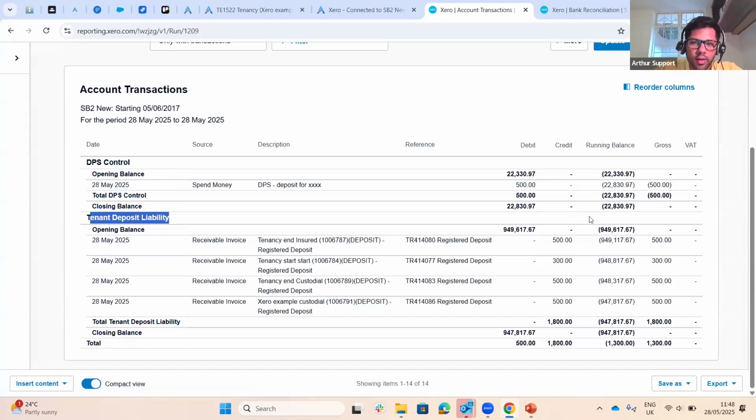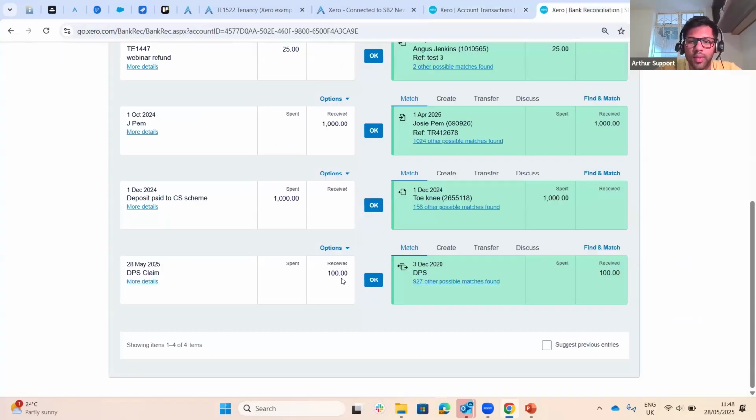We still have a debit of 100 remaining because we've done the £500 debit when we did the transfer to the DPS. We now have the 400 credit from that deposit tenant remittance we created. So that £100 is usually sent as a claim to yourselves by the DPS because you're not refunding the full 500, you're claiming 100. So the DPS would usually send you £100.